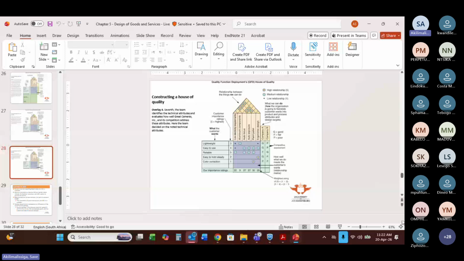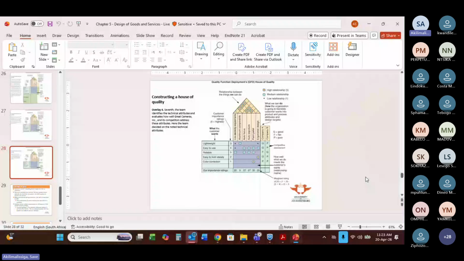And we're going to have another session this week, a case study on the house of quality, so that I can go back and see how to address certain areas and explain again, so that those who do not understand will be able to understand from there.